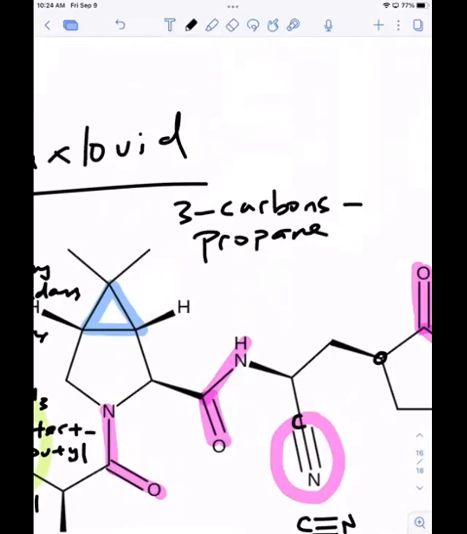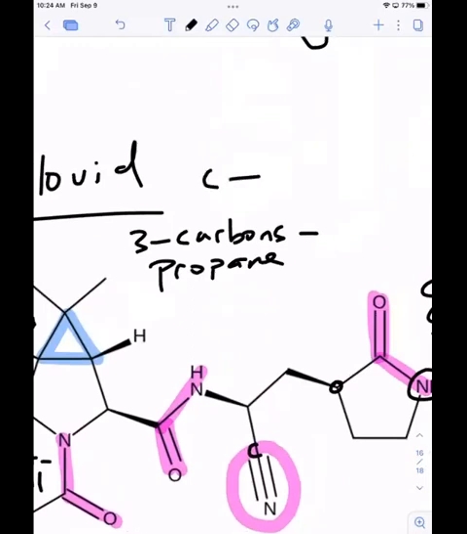It's propane, right? So if you have a 3-carbon chain, like so, we call it a propane.